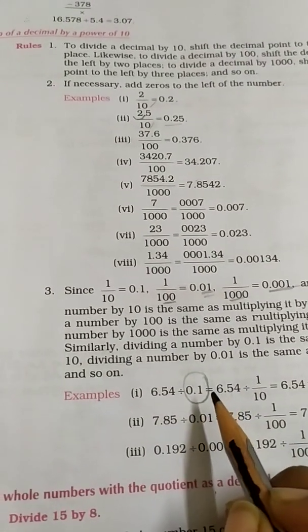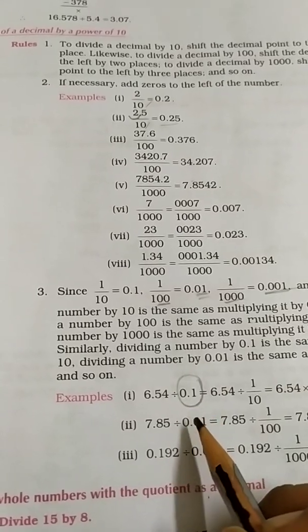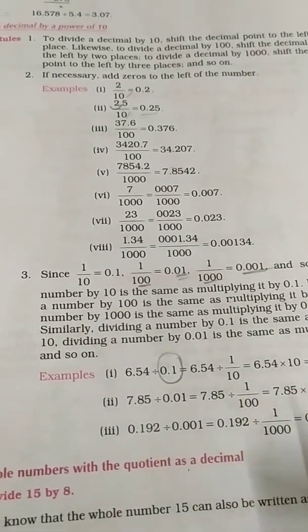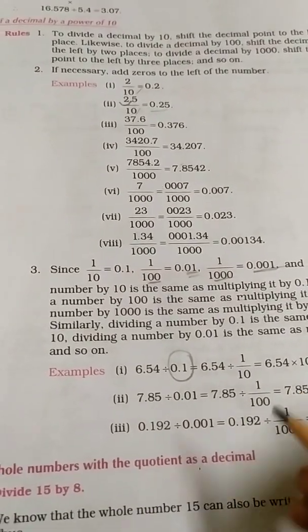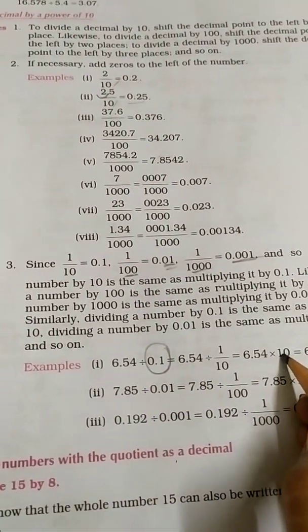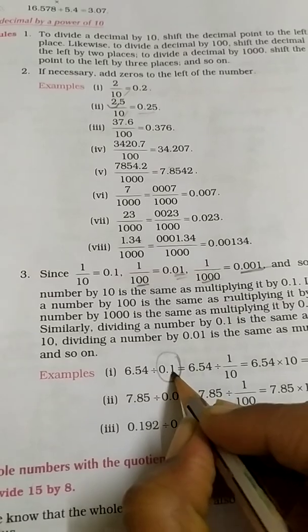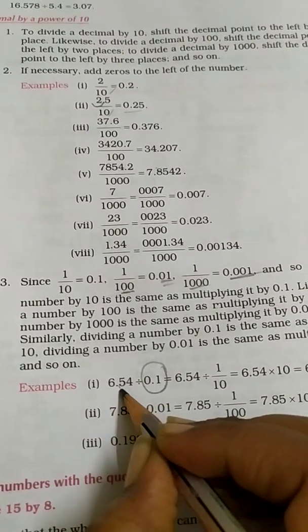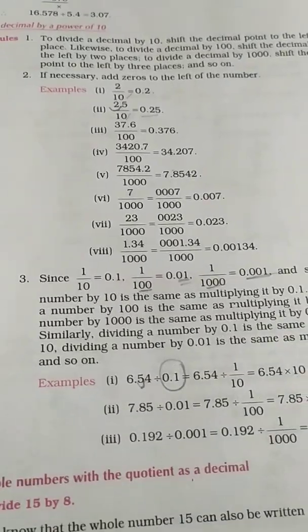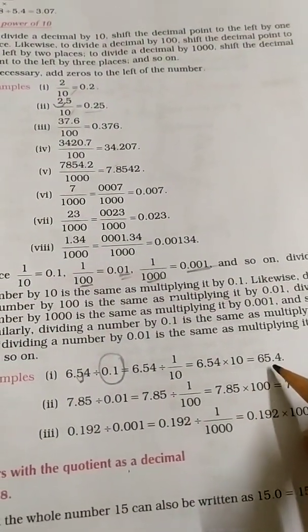Now, if you look at this example sum, 6.54 divided by 0.1. If the denominator has a decimal point, first you are going to remove it by multiplying numerator and denominator by 10. If you do it, the decimal point will vanish and it will become 1. In the numerator, if you multiply, the decimal point will move one step right. So it is 65.4.